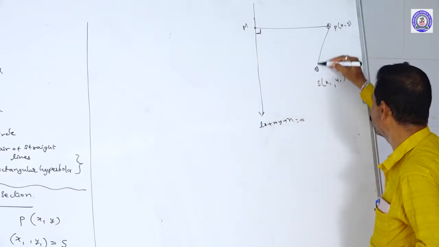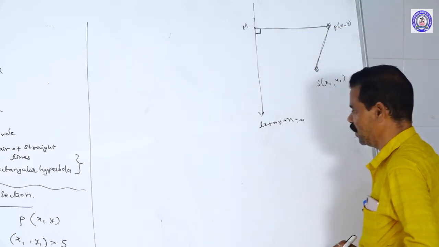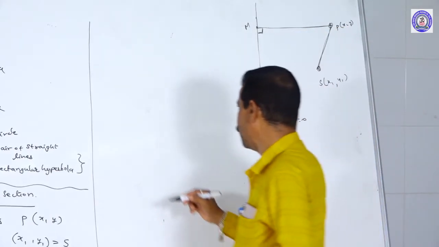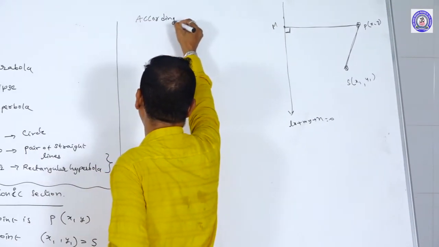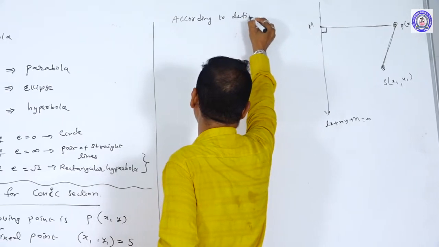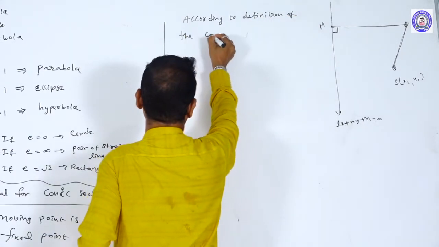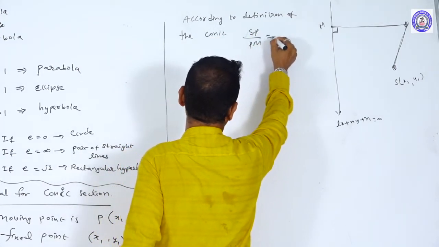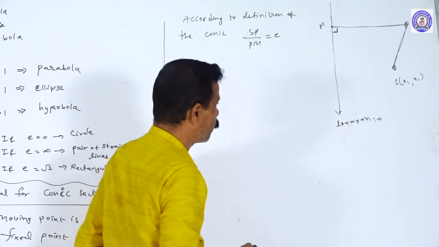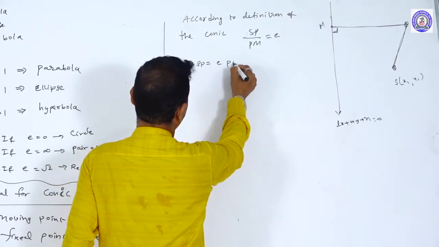Join this. SP by PM is constant. According to the definition of the conic, SP by PM is equal to e. So on multiplication, SP is equal to e times PM.